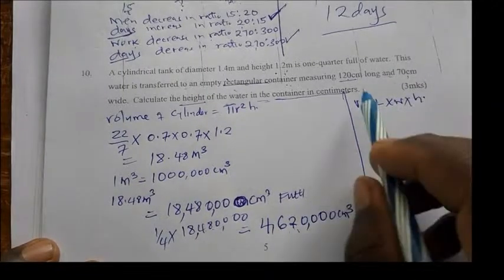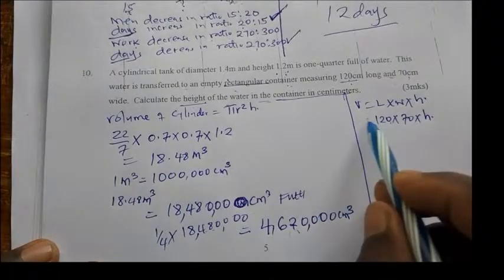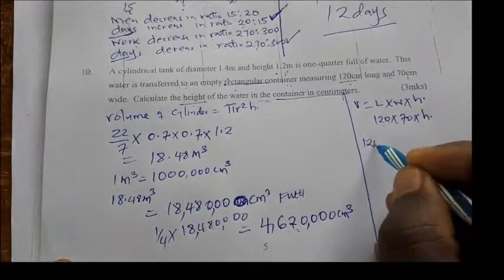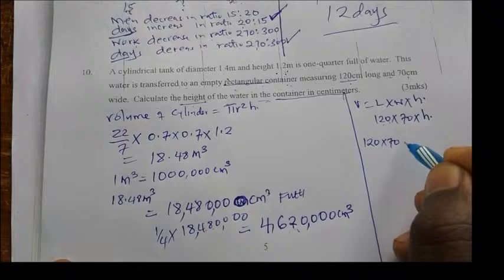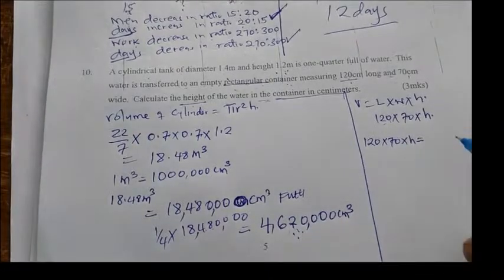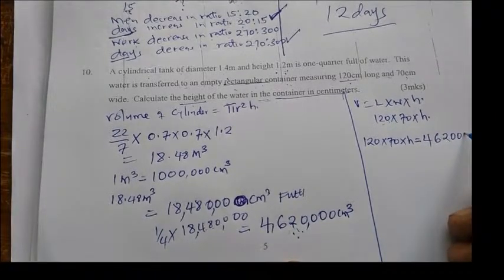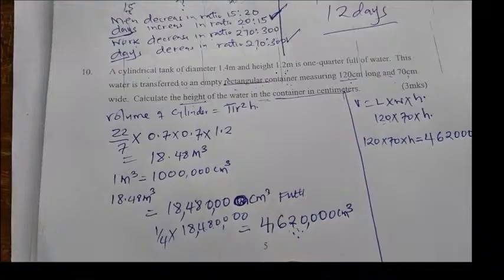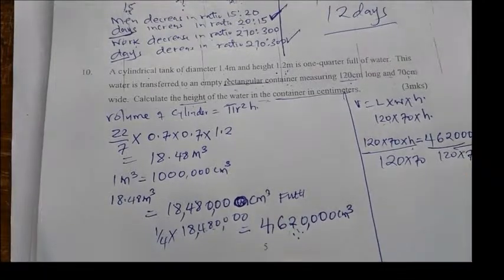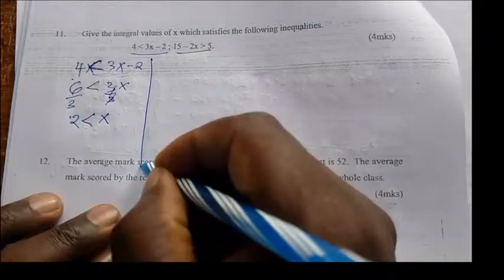So 120 times 70 times h will be equal to this volume, because this is the volume which was in the cylindrical tank. So to get h, you divide.